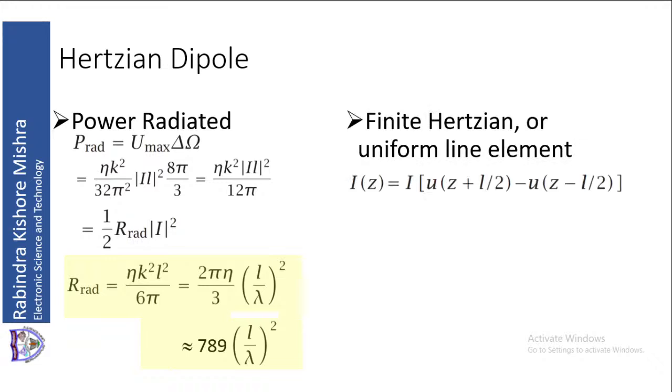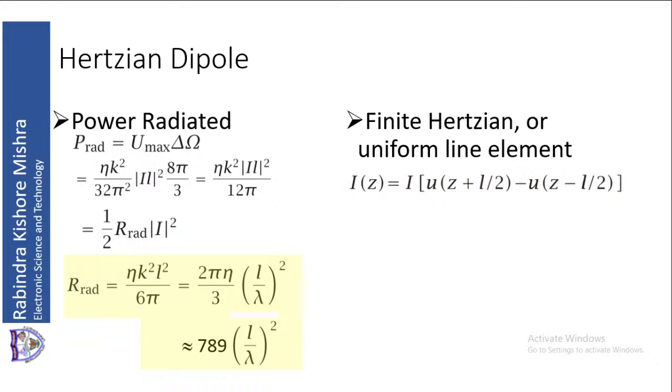Now the significance is this. Let us approximate 789 as 800. As we are considering a Hertzian dipole, L should be less than lambda by 50, so L by lambda should be less than 1 by 50.